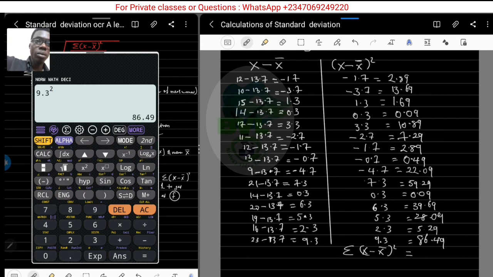So we have 86.49 plus 5.29. Sorry, I'm just starting from the rear. You have to be careful at this point. You have to concentrate.